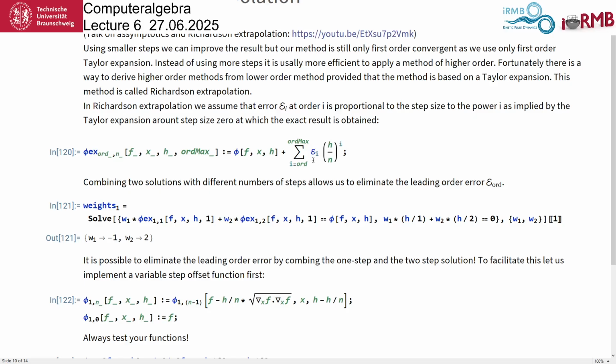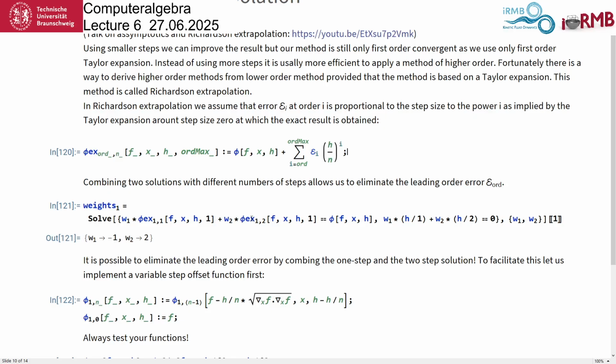So usually the first term here. Yeah. So now think about it like this. We want a combination of the solution going in 1 step and the solution going in 2 steps.